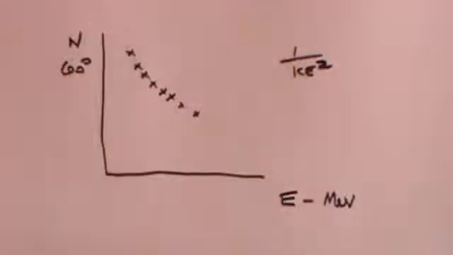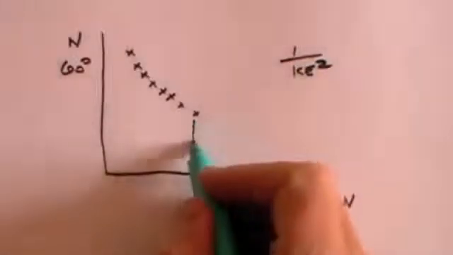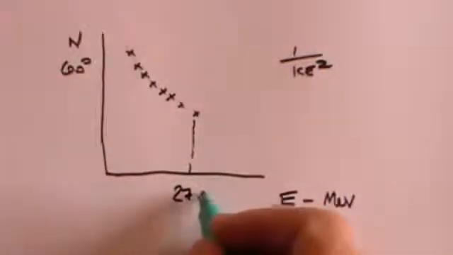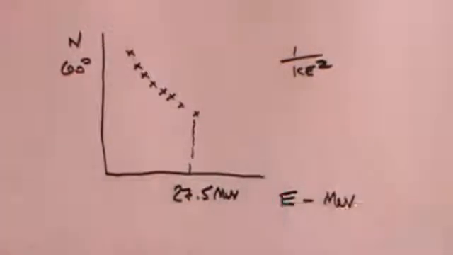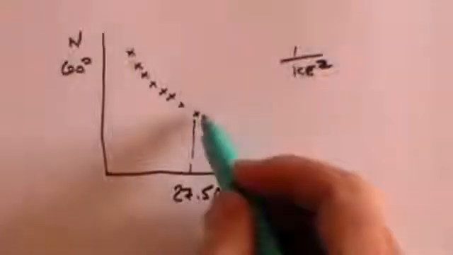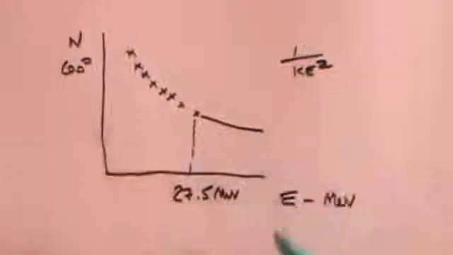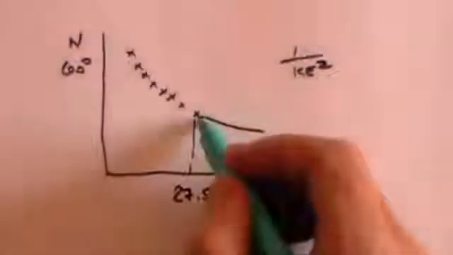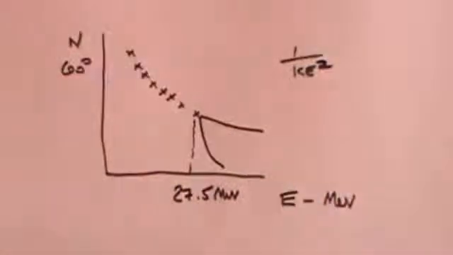The number falls off as the inverse of KE squared until they got to the energy 27.5 MeV. Once they got to that energy, something rather odd happened. Instead of the curve continuing as you would have expected like that, it actually fell off dramatically like that. As the energy increased, so the number of particles deflected through 60 degrees fell off rapidly.